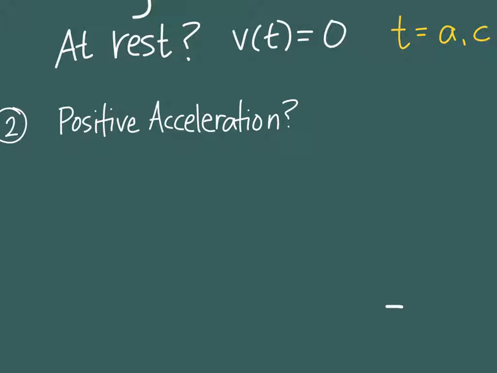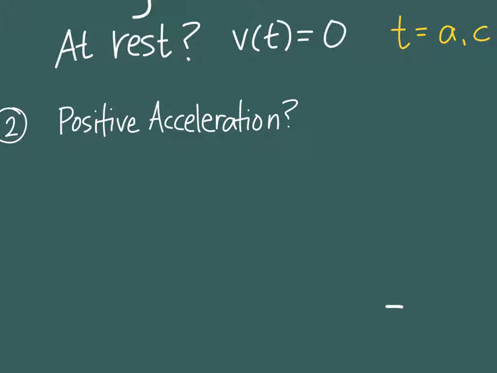This is not me asking when is it accelerating. That will be a different question. This just means when it has positive acceleration. So you have to go back to what the definition of acceleration is. Acceleration is the derivative of velocity, which is the slope of velocity.